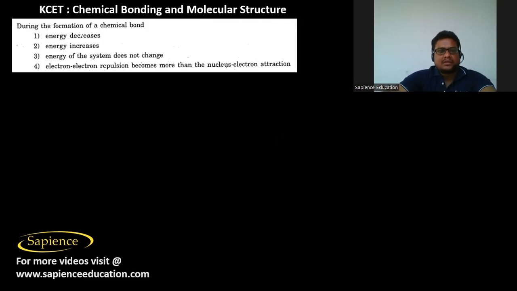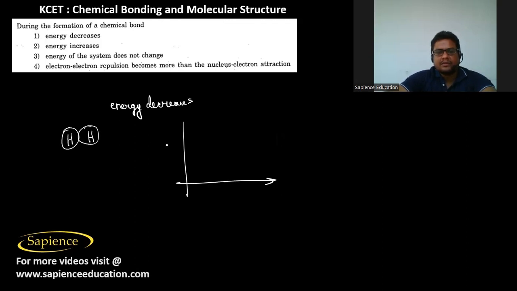Then here it is told during the formation of a chemical bond, the energy decreases. Since why? When two hydrogen atoms, for example, come close, we have a graph of potential energy with their internuclear separation x. So the graph is somewhat like this.